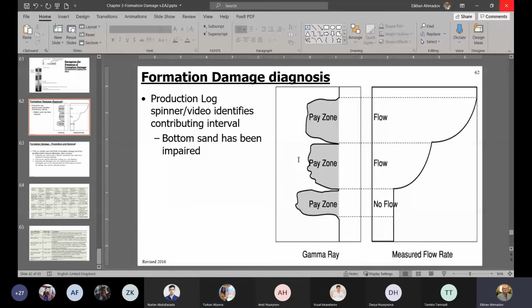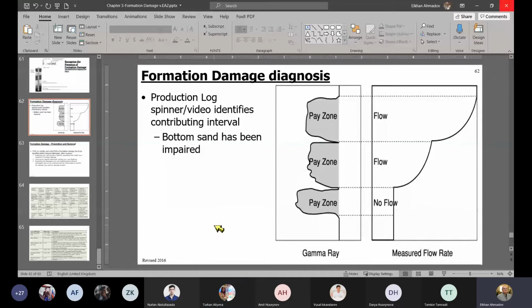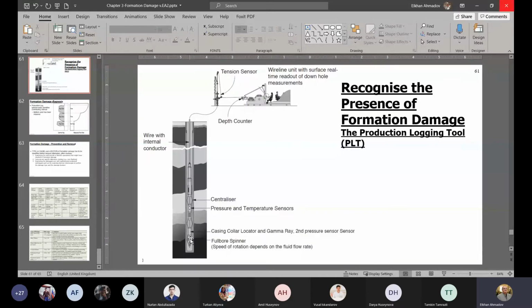Okay. This is the spinner. The spinner in reality is a propeller. You have seen a propeller of, how is it called, a fan. Do you know what a fan is? Yeah, I know. I got your point.